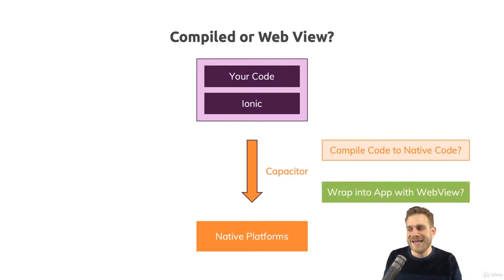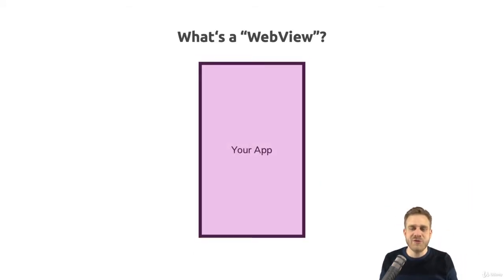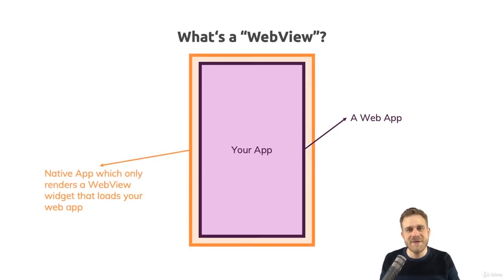So Ionic takes this approach of wrapping your app into a web view, no matter if you're using Capacitor or Cordova. Now that web view, as I mentioned, allows you to run your app, a normal web app, inside of a native app that renders this full screen browser. Now, you could say that this has to be slower than a compiled app where you work with the real native widgets.